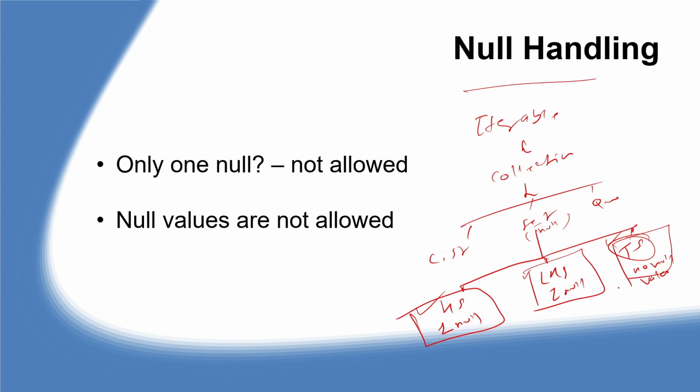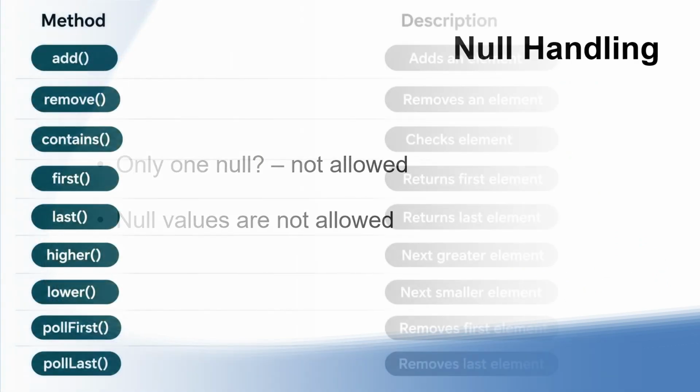Why is it saying only one null? Because the remaining implementation classes provide this facility of storing one null value, whereas in TreeSet we cannot store even one null value. Null values are not allowed. This is null handling.